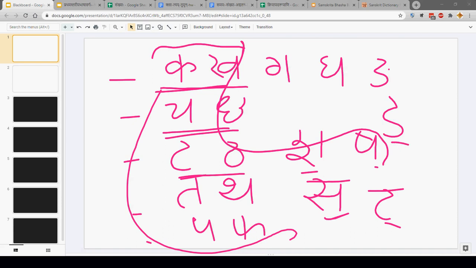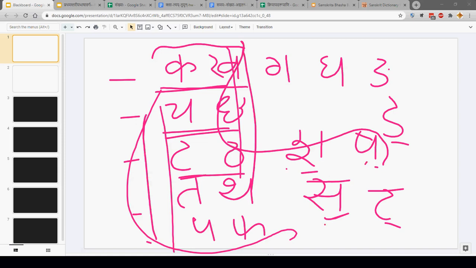Okay? Okay, Shiva? Somewhat clear? Yes, thank you. Thank you, Sanjeev. First two columns, the consonants from the first 5 rows, and the last one, sha, sha, sa.